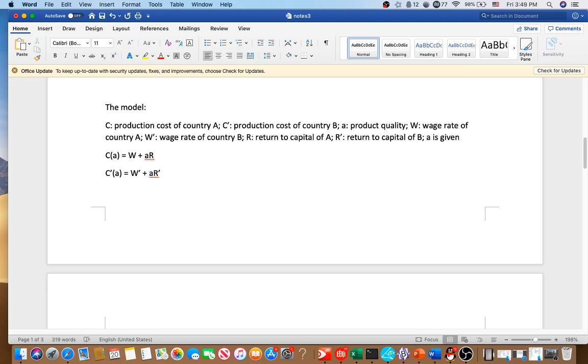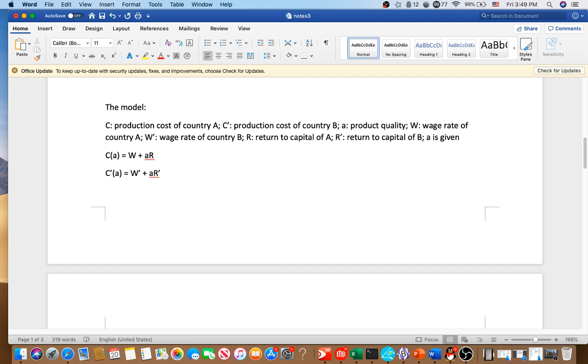Taking the product quality as given, the cost is a function of the product quality A. That can be written in this way: C(A) equals W plus A times R. And C prime of country B is a function of A as well.